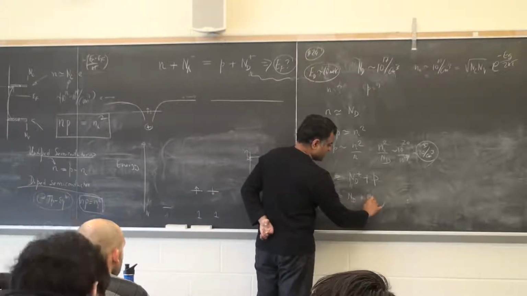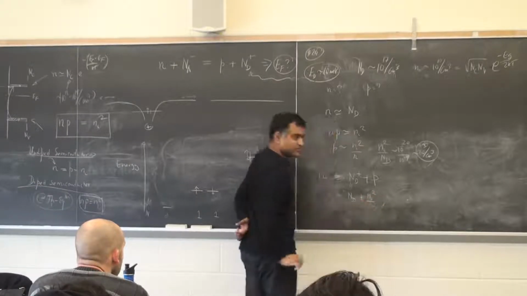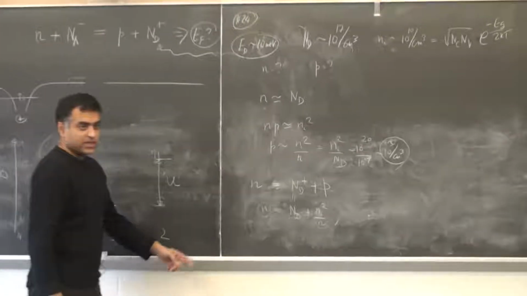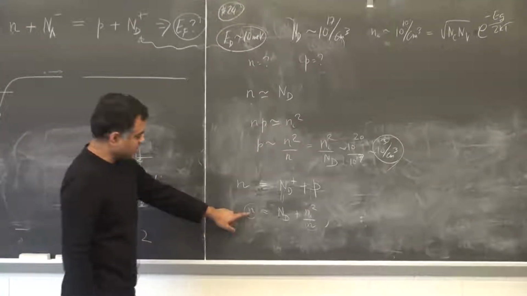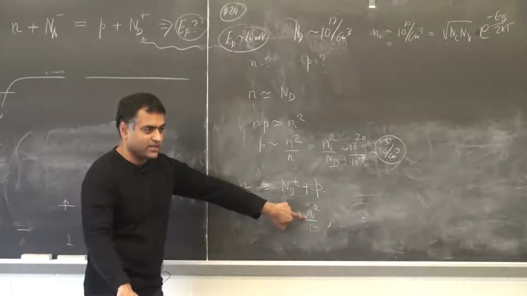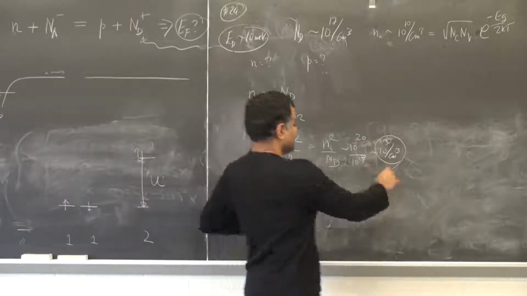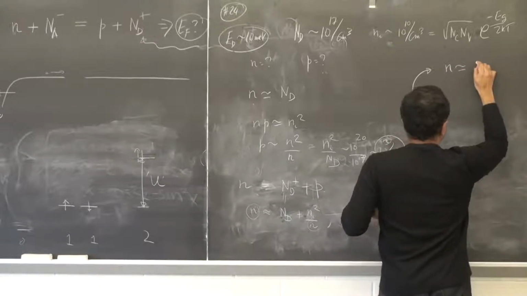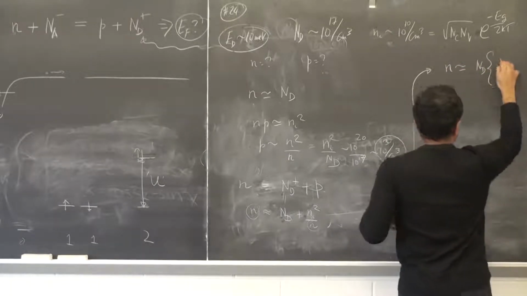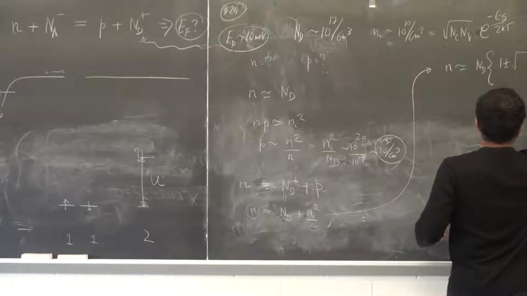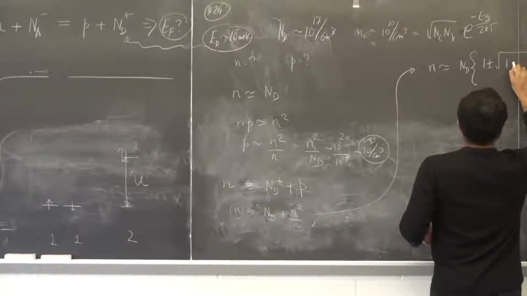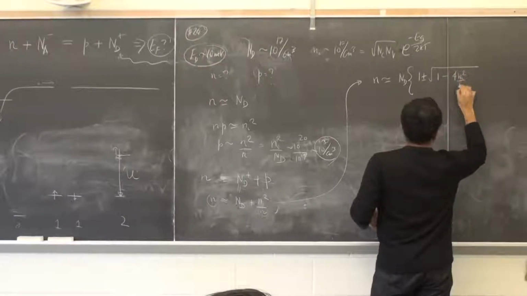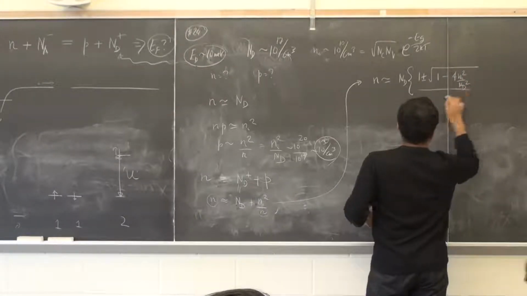It's always Ni squared by N. You now see you've got a quadratic to solve, and you can solve the quadratic to get how electron density depends on doping and on Ni. What you'll get from solving this is that N will be roughly equal to the doping density times, since it's a quadratic, a square root: 1 plus the square root of 1 plus 4 Ni squared by Nd squared, whole over 2.